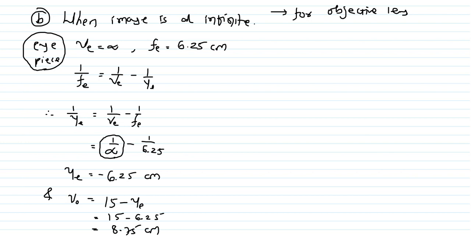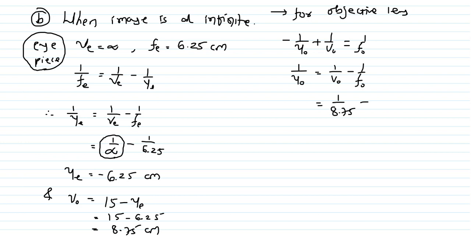Here for the objective lens, once again you can say minus 1 upon UO plus 1 upon VO is 1 upon FO. So you want to find 1 upon U for the objective, that is 1 upon VO minus 1 upon FO, that is 1 upon 8.75 minus 1 upon 2. When you solve this, U for the objective is minus 2.59 centimeter.